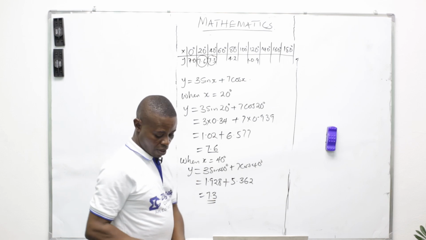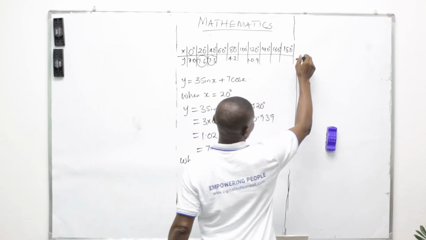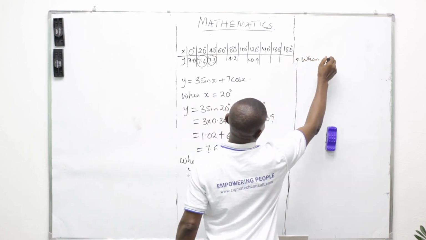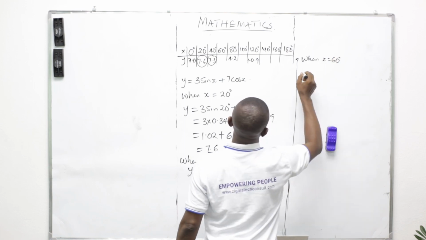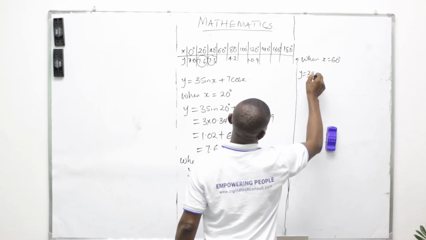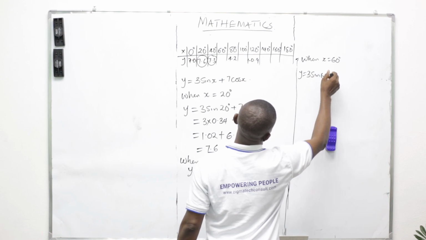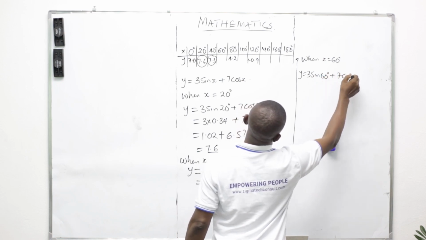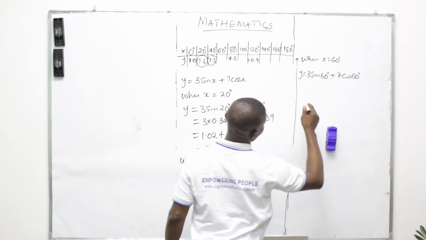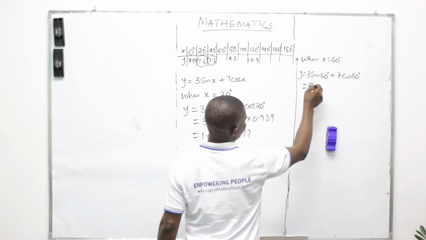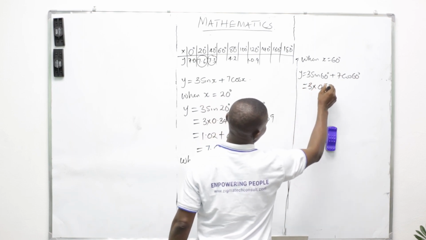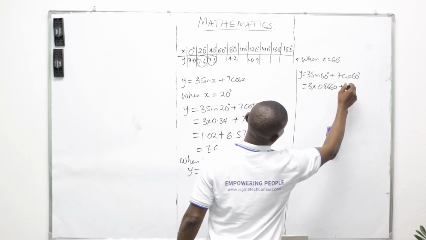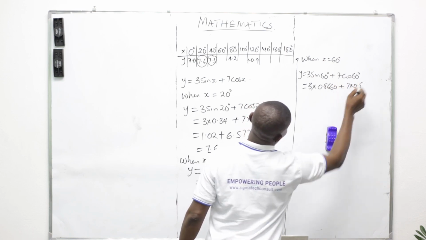Now, when x is 60 degree, y equals 3 sine 60 plus 7 cos 60 degree. Of course, you know that 60 degrees is a special angle, meaning 3 times 0.8660 plus 7 times 0.5.